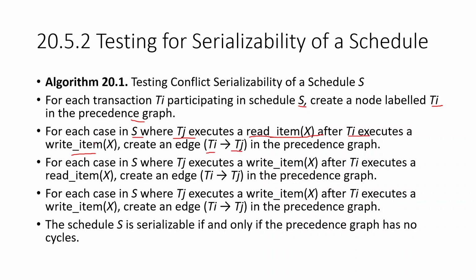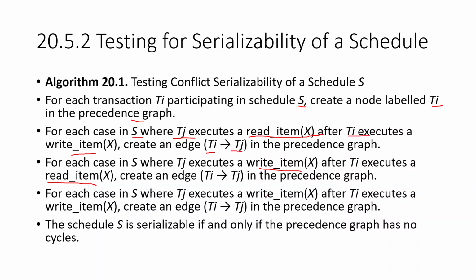Read and write are conflicting operations, since they belong to two different transactions Ti and Tj, and one of them is a write. Similarly, in the other case, Tj executes a write item after Ti executes a read item.